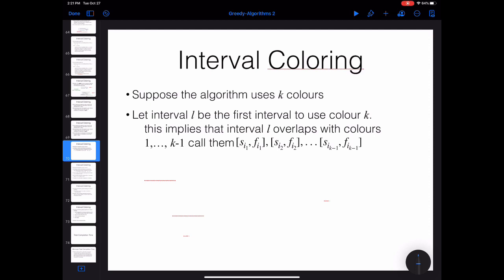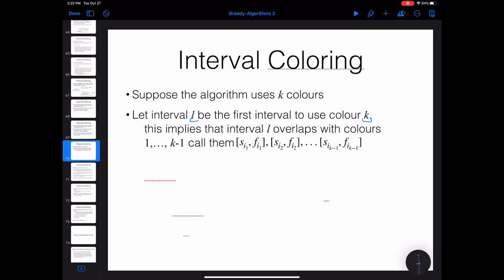Let's assume that the interval L is the first time that I am using the color k. It means that no other color is available. All of the other colors have been used for some interval, all of those intervals are running, and now I need to use the color k. The greedy algorithm gives me this answer, right? So this is the first time that the color k has been used.